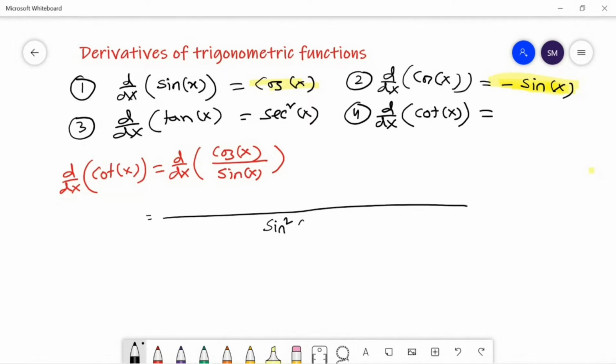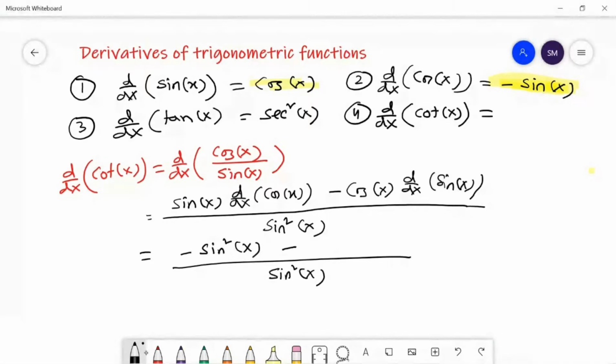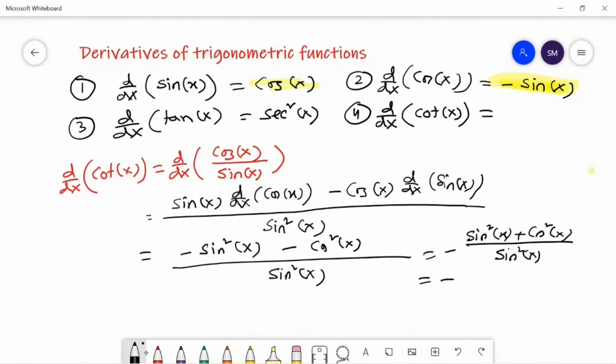Applying the quotient rule, we will have sin square x, sin x, derivative of cosine x, minus cosine x, derivative of sin x, which further gives minus sin square x minus cosine square x over sin square x, which is equal to minus 1 over sin square x, equivalent to minus cosecant square x.